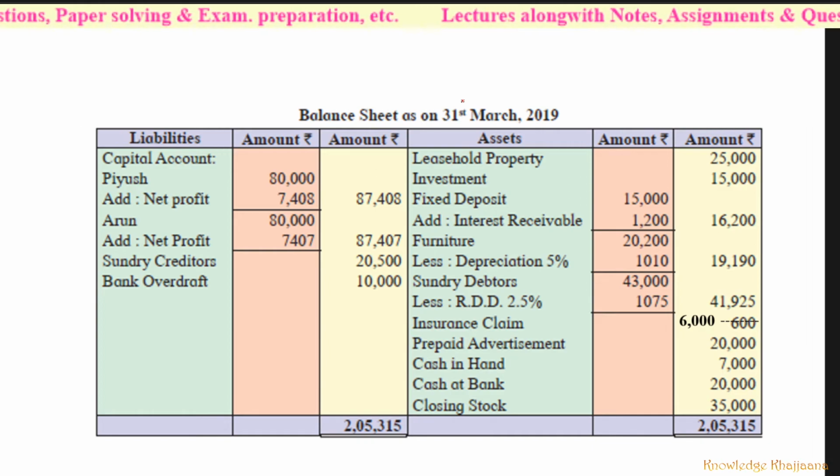This is the balance sheet of Piyush and Arun. Leasehold property 25,000, investment 15,000, fixed deposit 15,000 plus interest receivable 1,200. Total will be 16,200. Furniture less depreciation, sundry debtors. See, this amount 1,075 was recorded to the trading profit and loss account debit side, right?